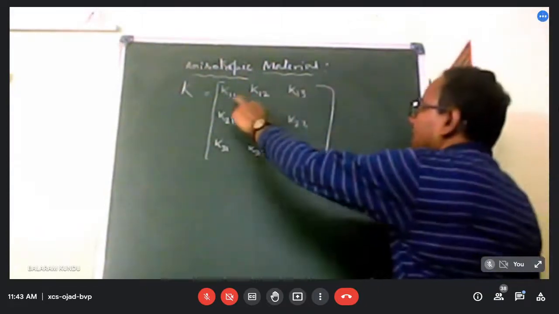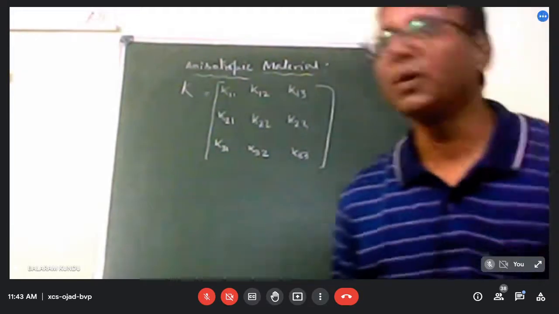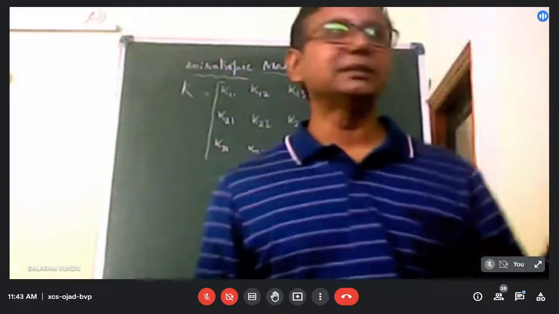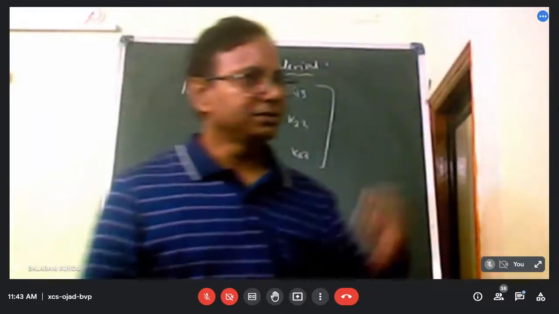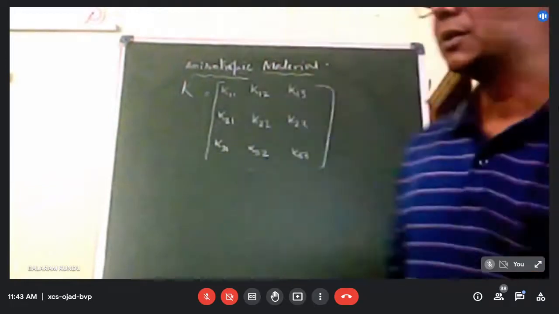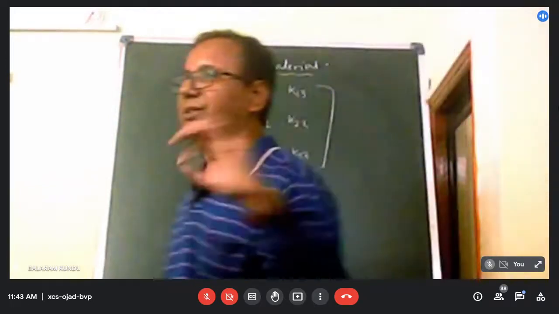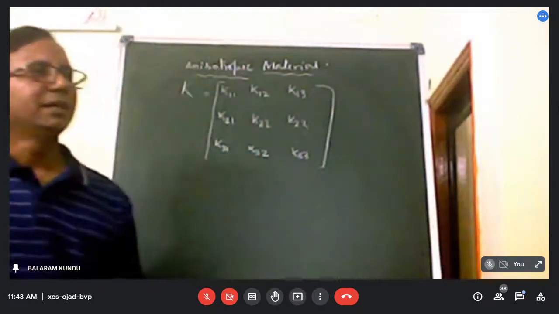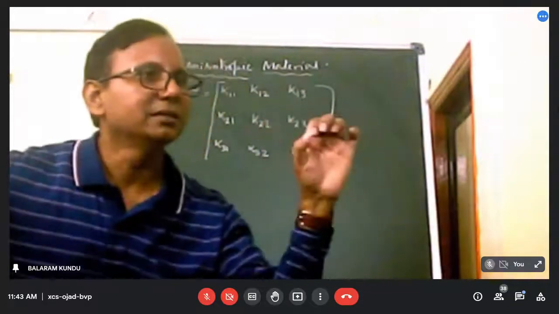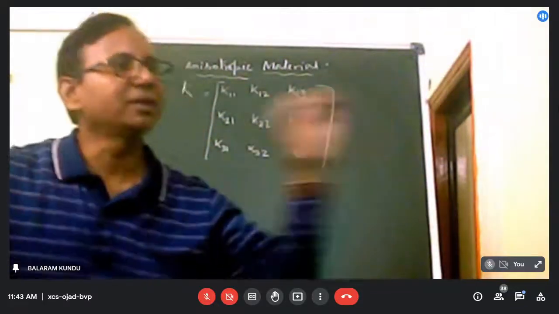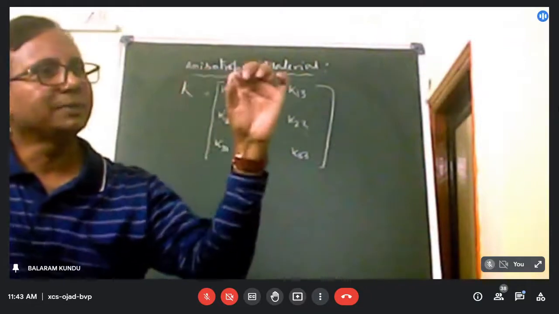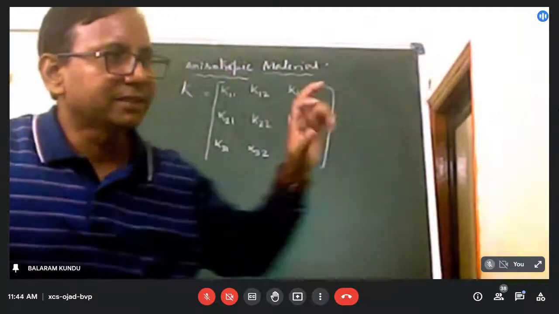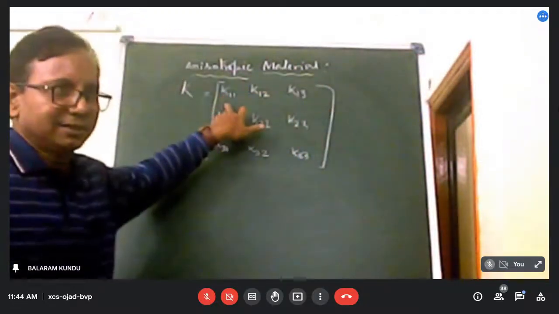So what are the suffixes? 1 1 is there, 1 2 is there, 1 3 is there. The first suffix represents the direction of heat transfer. If we consider a Cartesian coordinate system X, Y, Z, then first suffix 1 we can say is the x coordinate. X coordinate means heat transfer takes place in the x direction for this thermal conductivity.